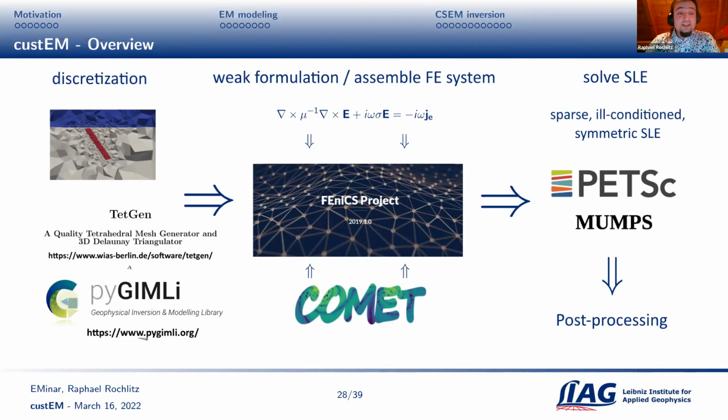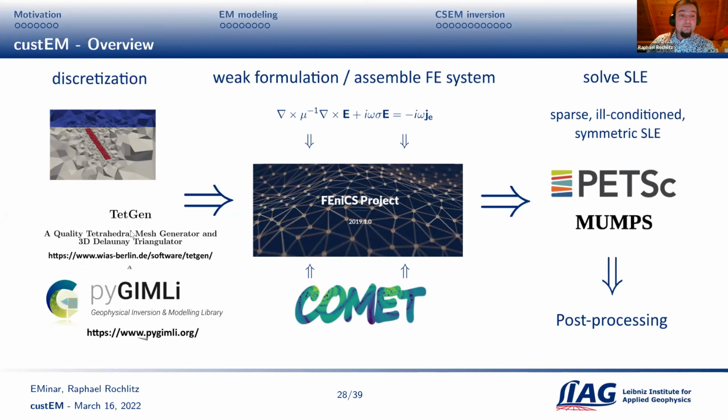This is again just an overview of what custEM does. custEM involves mesh discretization, finite element analysis and assembly of system matrices, and the solution of our finite element systems, plus different post-processing capabilities. custEM relies mainly on the FEniCS project, an open source finite element package.